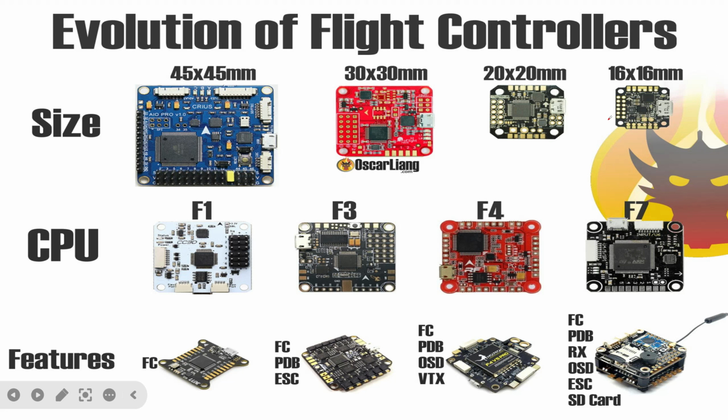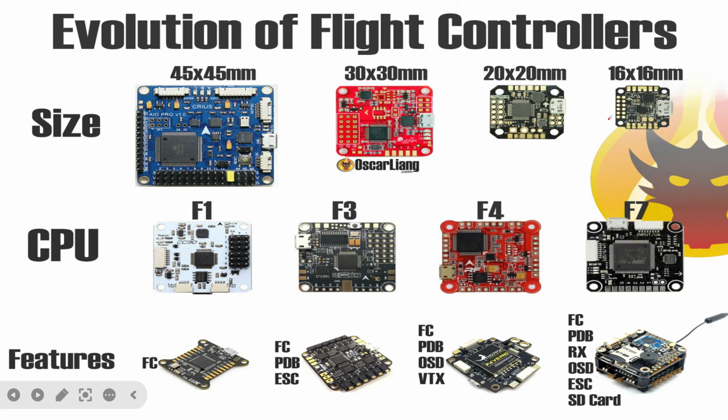The second, 30 by 30 millimeter. Third, 20 by 20 millimeter. Fourth, as the last, 16 by 16 millimeters. Those are the evolution of the system board of the drone.